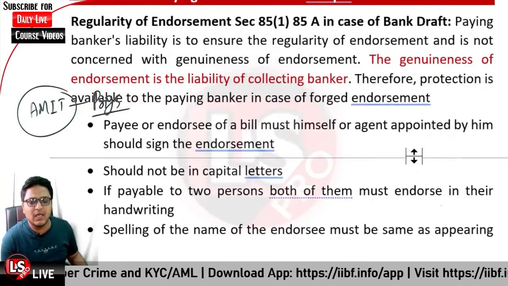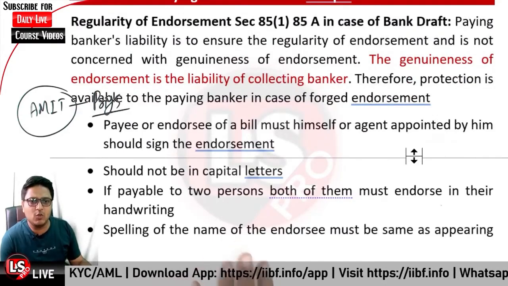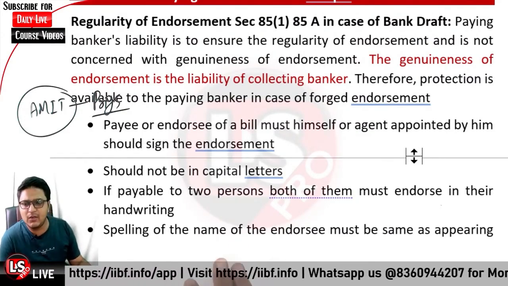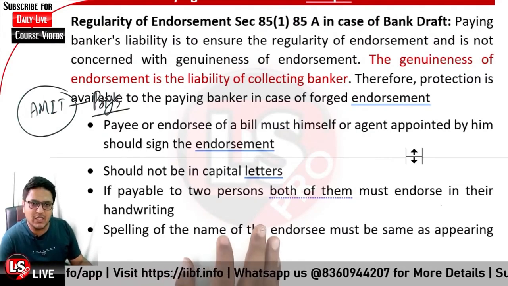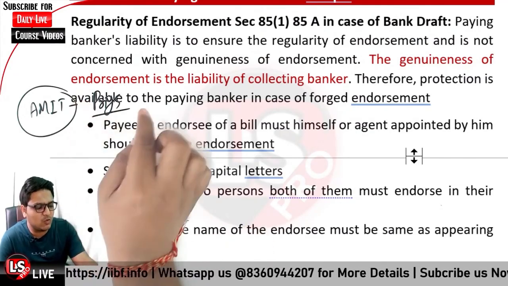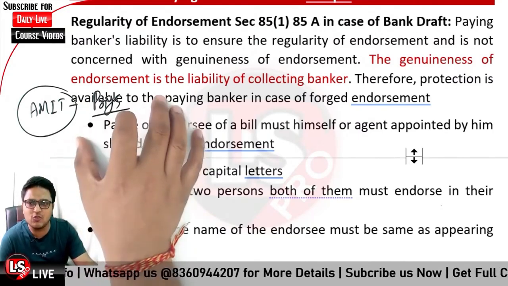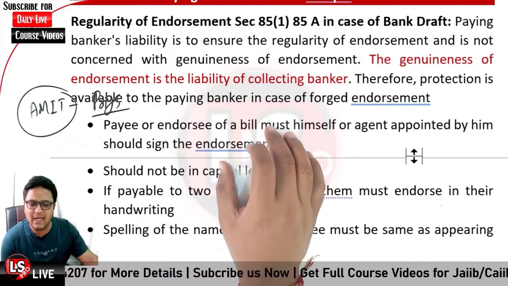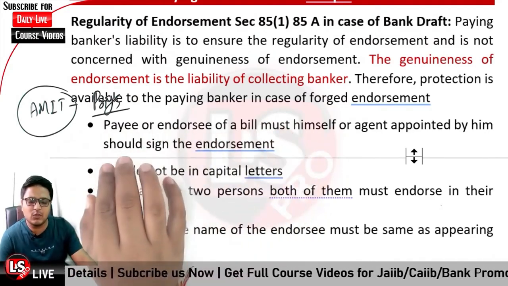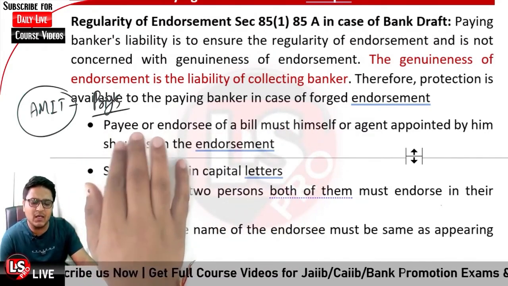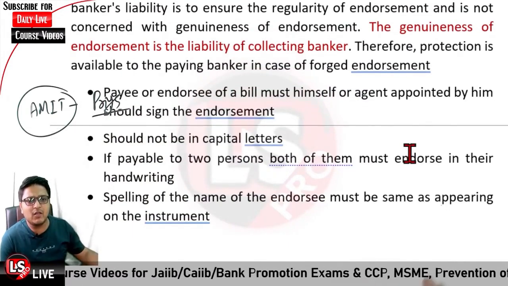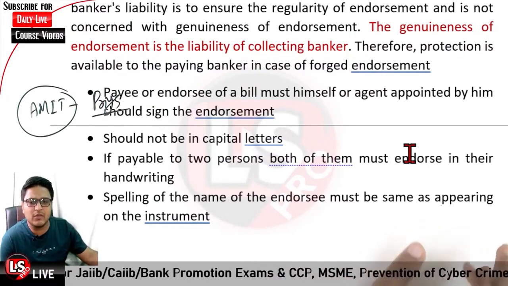Further, if the instrument is payable to two persons, then both of them must endorse in their handwriting. Let us say the check was originally payable to Amit and Priya jointly. If they want to endorse the instrument, the endorsement is to be made by Amit and Priya separately in their handwriting, and the spelling of the name of the endorsee must be the same as appearing on the instrument.